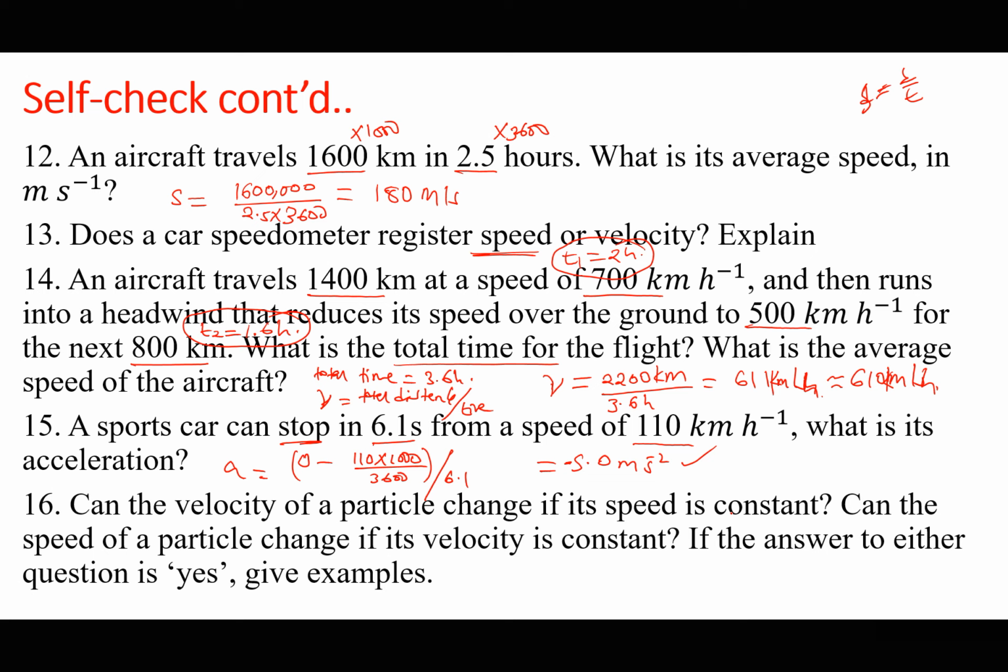So if velocity is constant, the speed is constant. But if speed is constant, velocity can still change because velocity also depends on the direction.